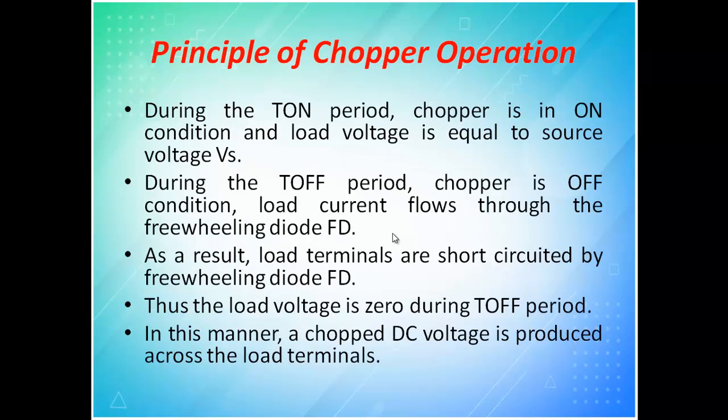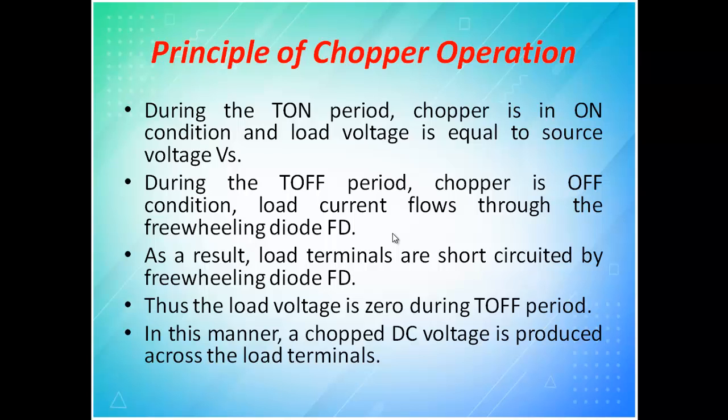During the T on period, the chopper is in conduction and the load voltage is equal to the source voltage. During the off period, the chopper is in off condition, and load current flows through the freewheeling diode, which is called FD. As a result, the load terminals are short circuited by the freewheeling diode FD. Thus load voltage is 0 during the T off period.